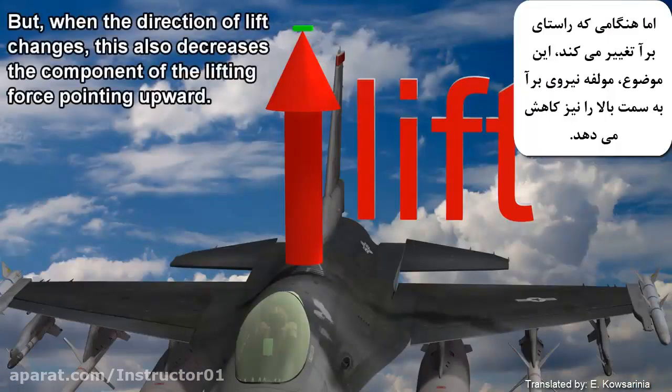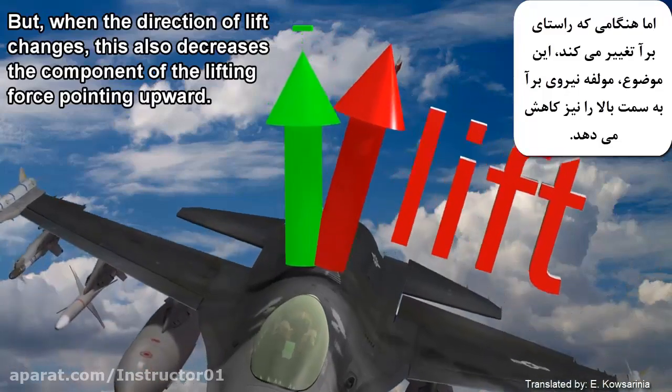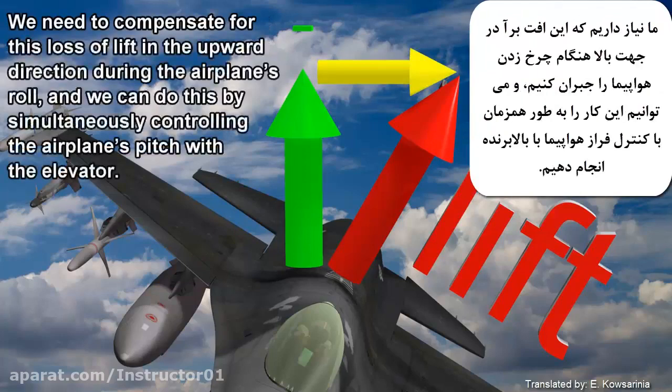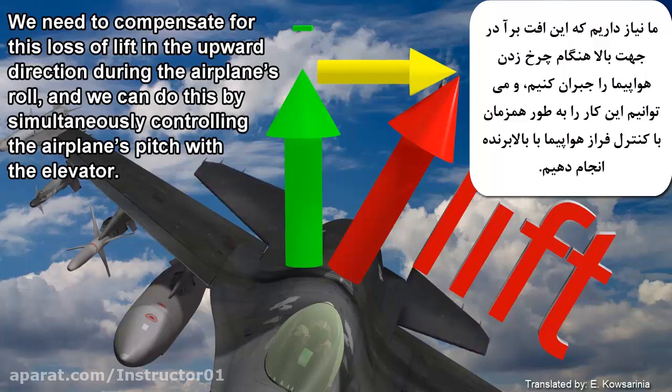But when the direction of lift changes, it also decreases the component of the lifting force pointing upward. We need to compensate for this loss of lift in the upward direction during the airplane's roll, and we can do this by simultaneously controlling the airplane's pitch with the elevator.